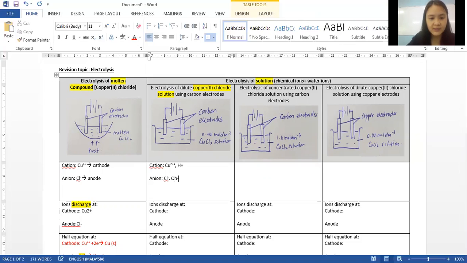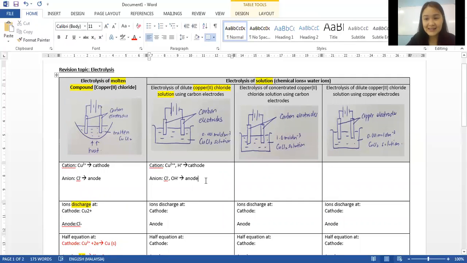So this is H+ and this is OH-. As usual, cation will always move towards cathode for discharge purpose, and anion will always move towards anode for discharge purpose.